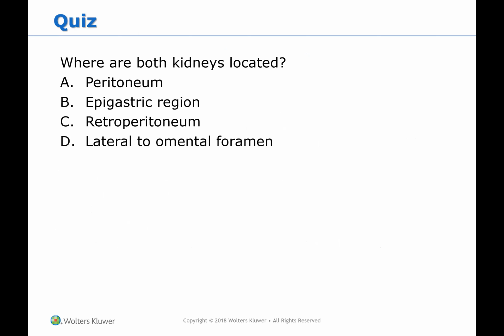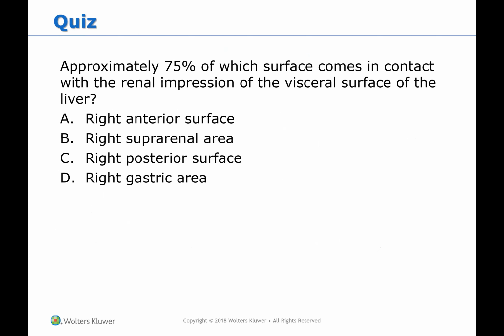So where are both kidneys located? In the retroperitoneum. Approximately 75% of which surface comes in contact with the right impression of the visceral surface of the liver. It is the anterior surface of the right kidney that comes in contact with the liver.